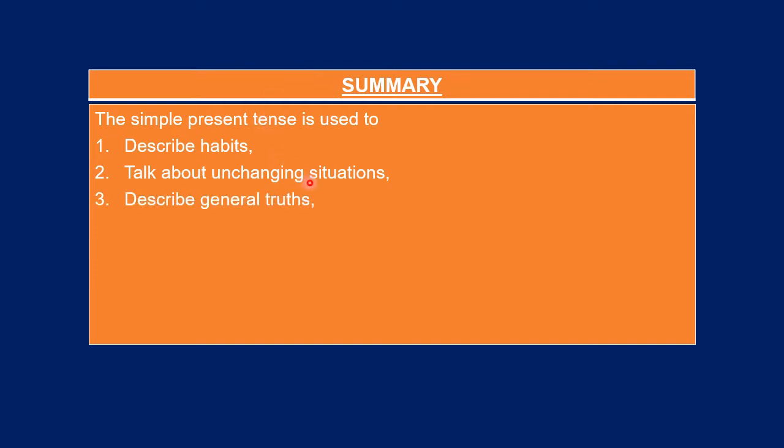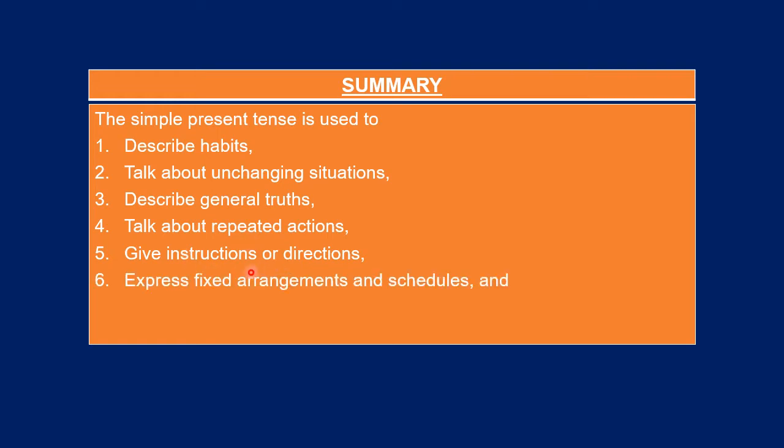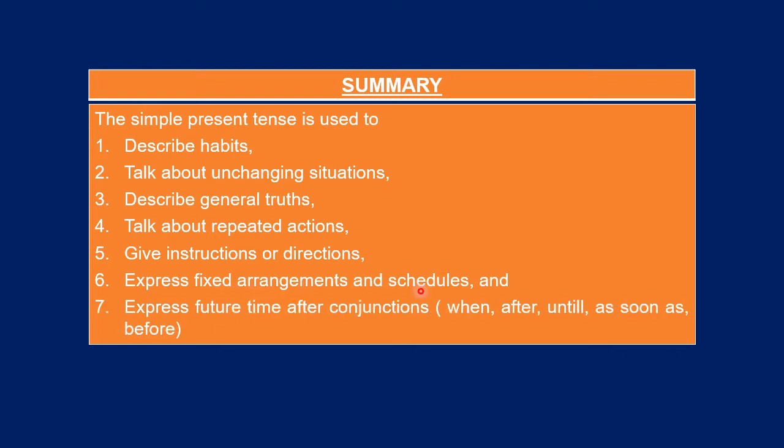The next one, you can use simple present tense to describe general truth, and also to talk about repeated actions, to give instructions or directions, also to express fixed arrangements and schedules, and the last one is to express future time after conjunctions like when, after, until, as soon as, and before.